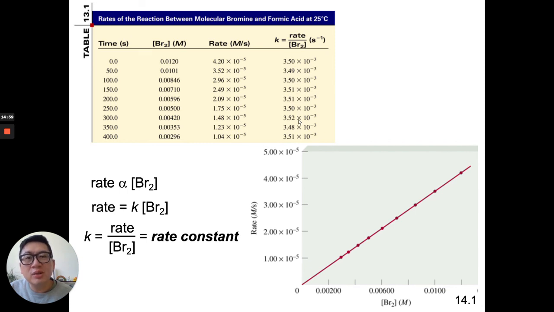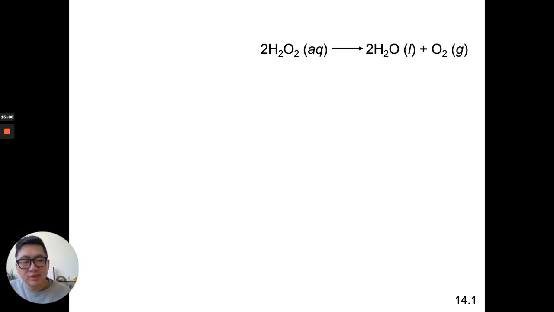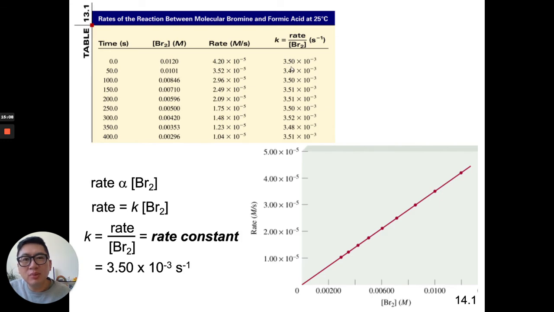These are actual numbers, so this constant doesn't stay exactly constant. But notice that number doesn't change, about 3.5 times 10 to the minus 3. I know this is 3.48, 3.51, 3.52, but on average it's 3.50 times 10 to the minus 3. The rate constant stays pretty constant. So that's what that means.